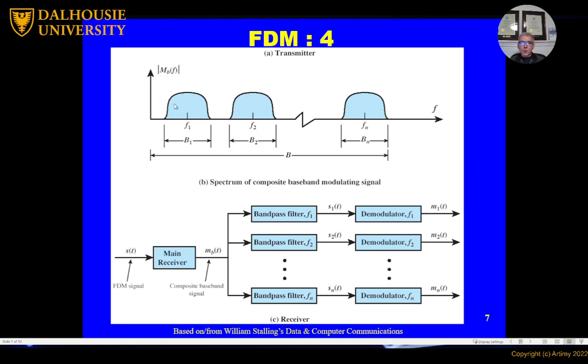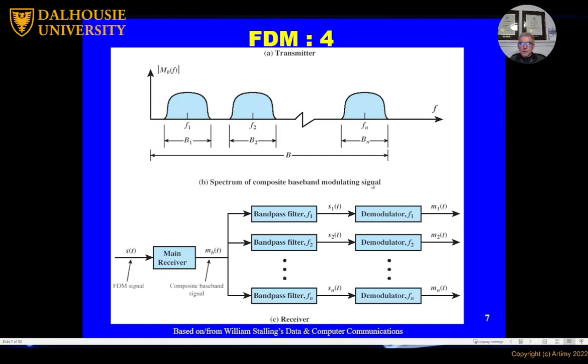Each filter will isolate one channel only and the others disappear. And then I'll apply the demodulator. The demodulator will retrieve the original binary sequence, right? It will remove the carrier and give me back the ones and zeros.